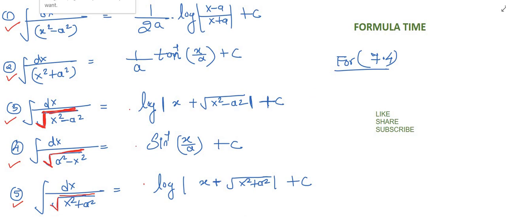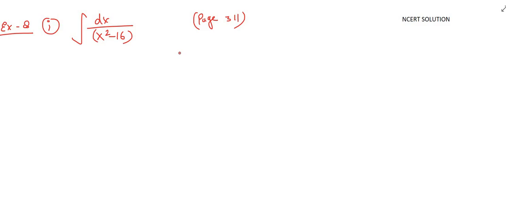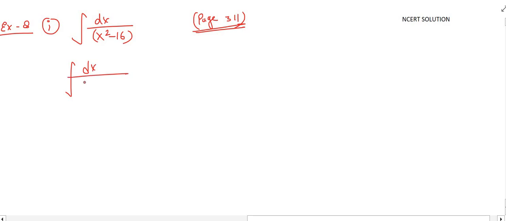Let's solve the first example. So here is example 8, question number 1 at page 311 NCERT. To solve it, can I write it as x square minus 4 square? Yes or no?